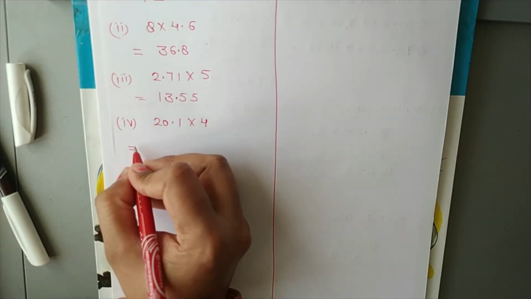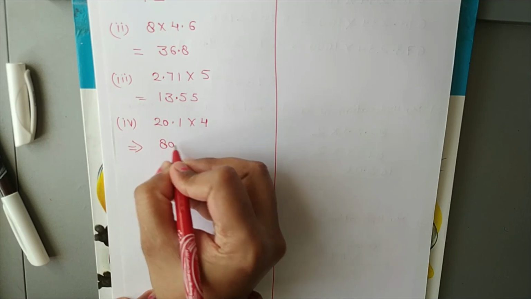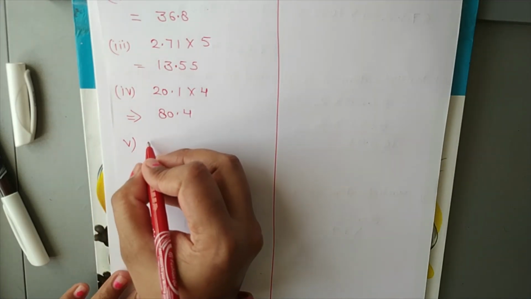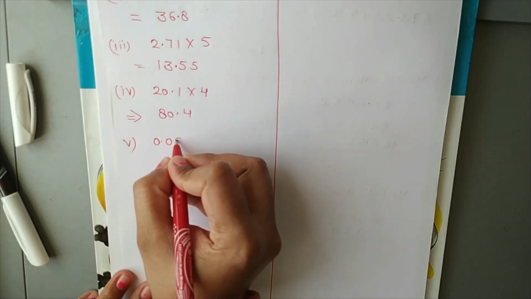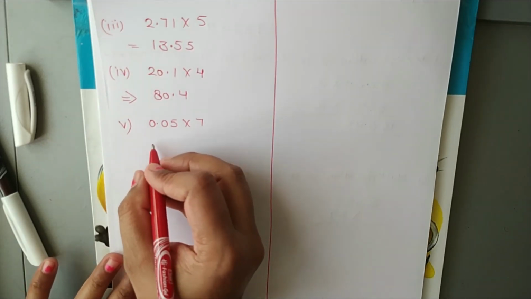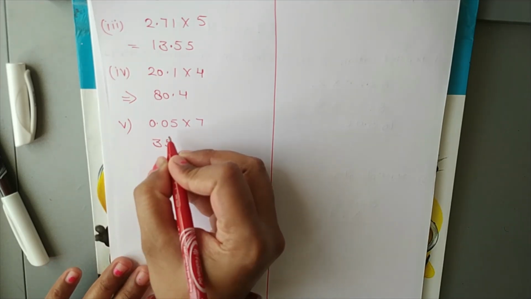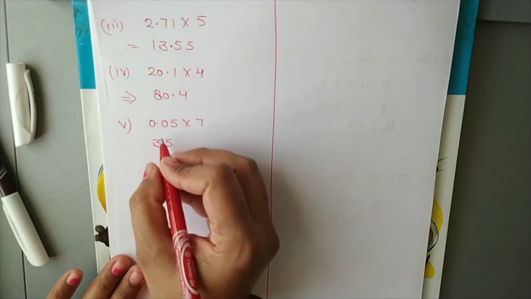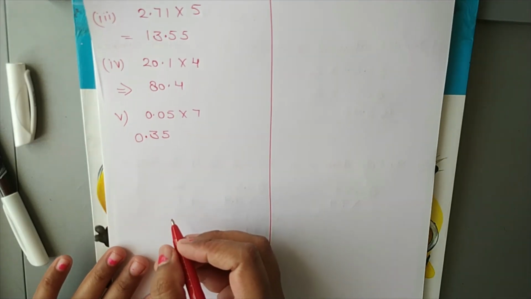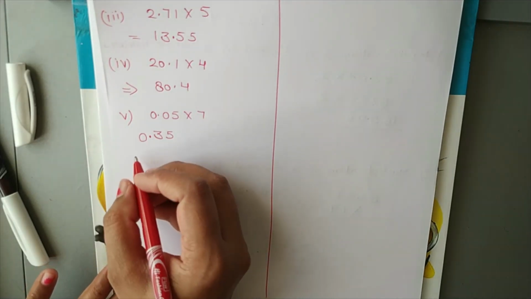It will be 80.4. Then the fifth part, 0.05 into 7. Ignore the decimal, so it will be 7 5s are 35. Then after 2 digits we have to place the decimal. So we have to put a 0 in the whole part.